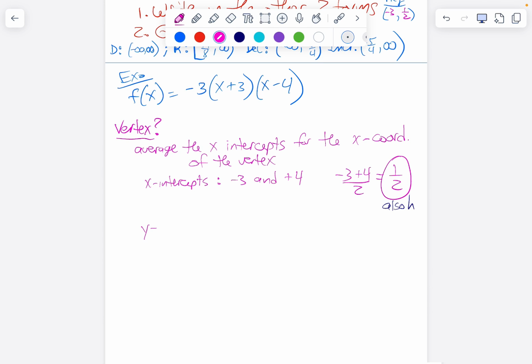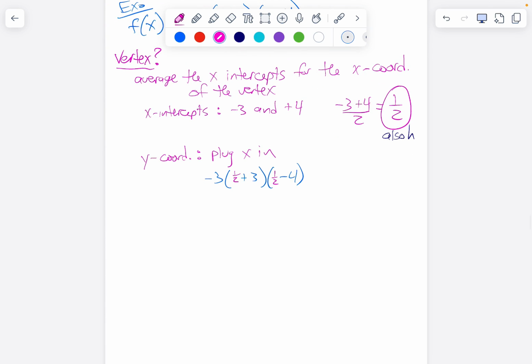Okay, how do we get the y-coordinate? Plug x in, yeah. So don't forget all the pieces that go around it, like that 3 out front. And again, just calculator says 1/2 plus 3, 1/2 minus 4 times -3, right?